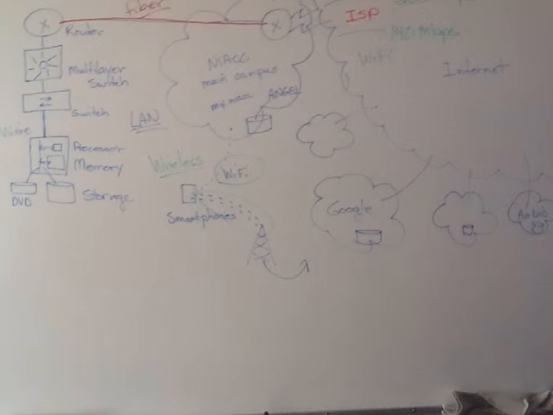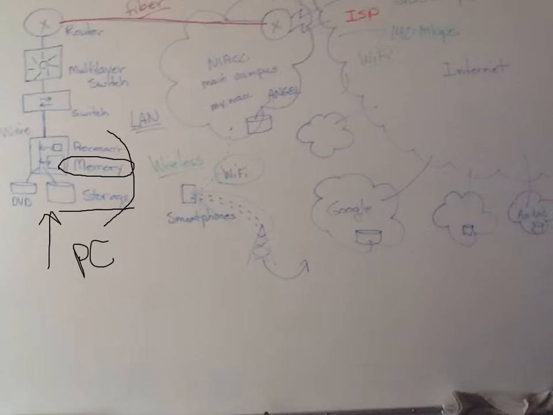I'll review a couple things here. Start off with, we talked about a PC, personal computer, workstation, whatever. We mentioned we have a permanent place to store data: hard drives, a DVD. Inside the computer somewhere there is memory.